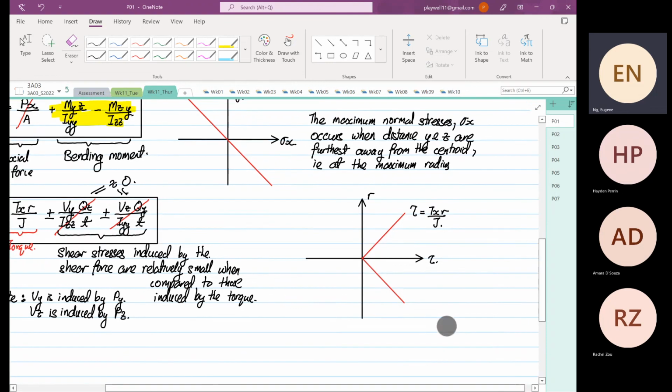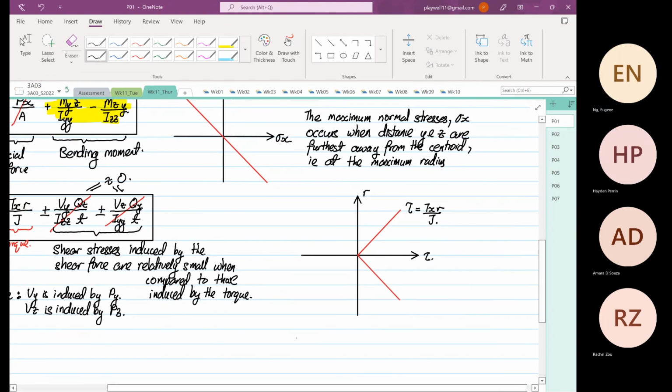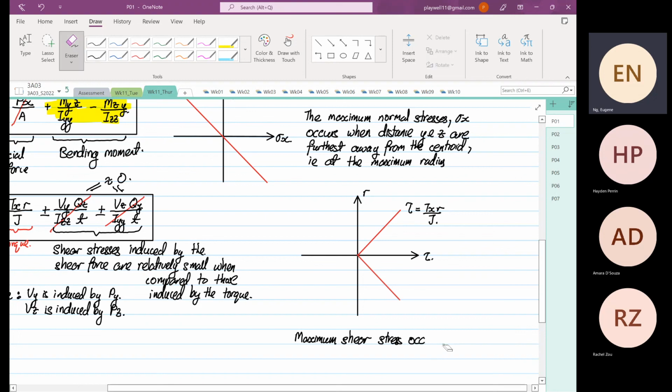So what we see over here, again, is the maximum shear stress occurs when the radius is the largest.